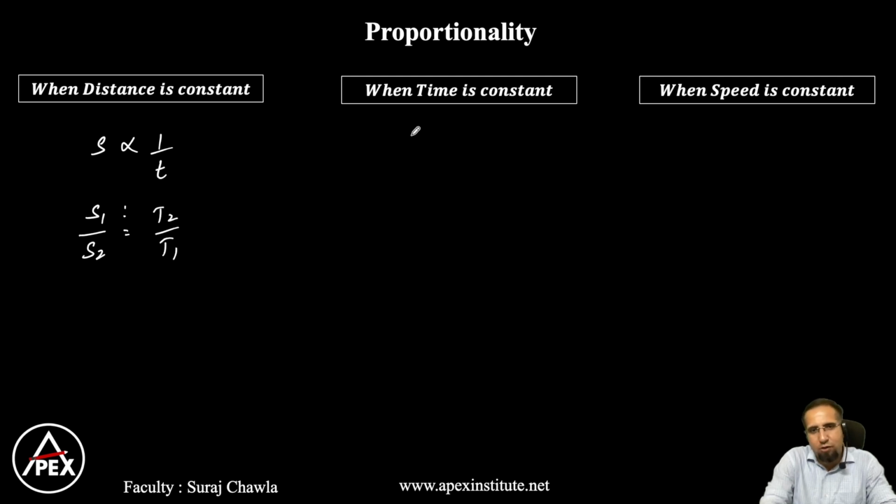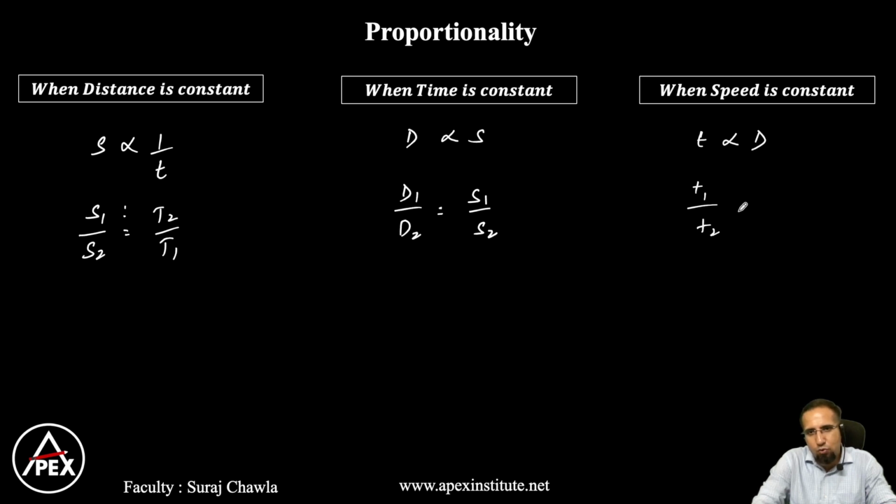Similarly, when time is constant, distance is directly proportional to speed, so we write D1 by D2 is equal to S1 by S2. Similarly, when speed is constant, time is directly proportional to distance, so we write T1 by T2 is equal to D1 by D2.